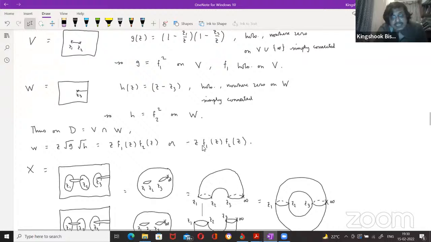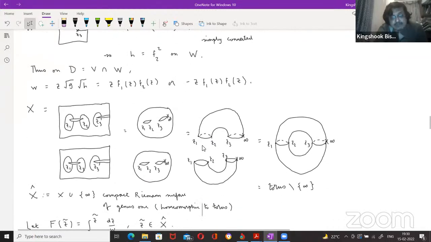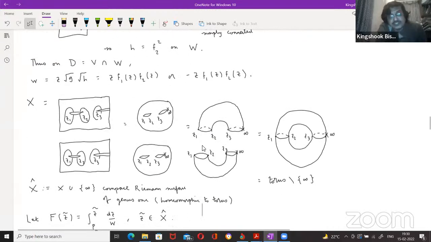So now I get, like I did in the previous example, a two-sheeted Riemann surface where what I have is two sheets where I make cuts from Z1 to Z2 and from Z3 to infinity in each sheet. And then I glue the two sheets along the top and bottom sides of the cuts. Okay. So it's similar to what we did earlier.